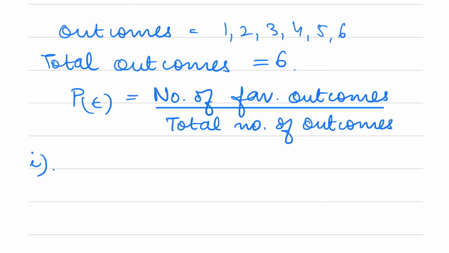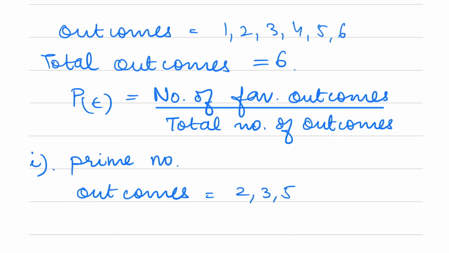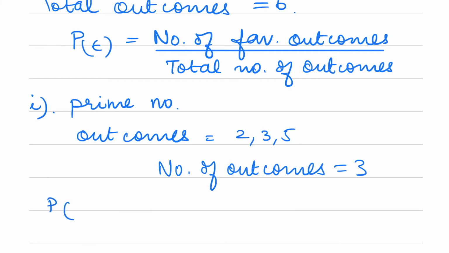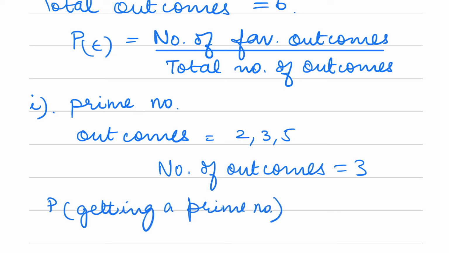Now the first part is we have to find the probability of getting a prime number. Here outcomes are 2 3 5. Here number of outcomes are 3. Probability of getting a prime number is equal to 3 out of 6, so half.